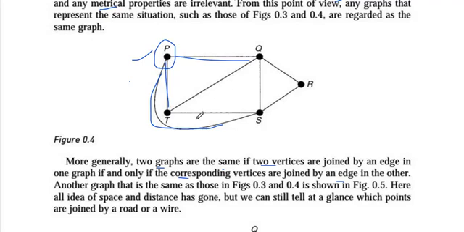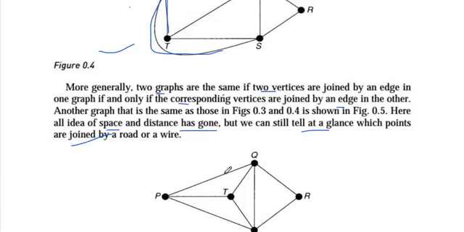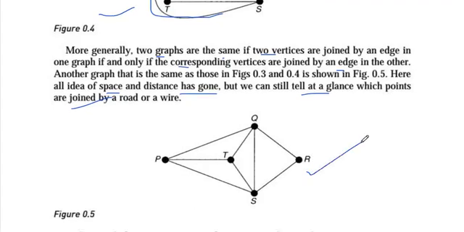So here in figure 3 all idea of space and distance has gone, but we can still tell at a glance which points are joined by a rod or wire. Here they have also given another graph.